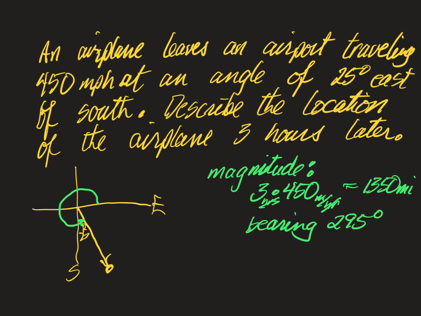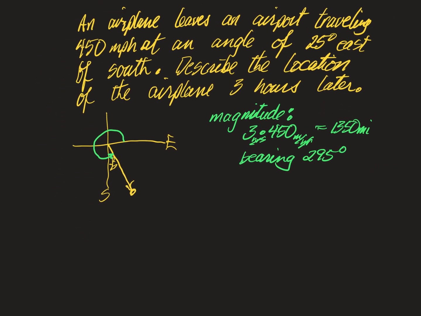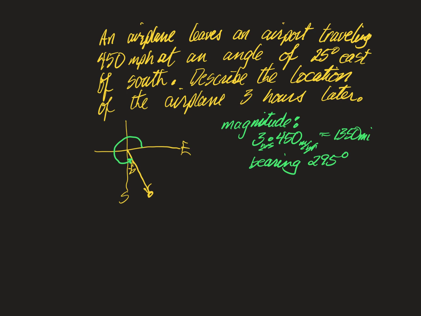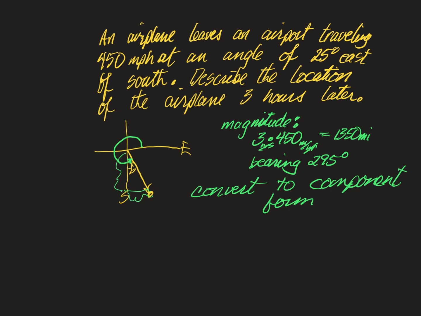Now what we want to do at this point is we want to then convert this to component form. To describe the location of the vector in terms of 2 points or how far it is from where it started. So we know how far it is in the bearing, and now we're going to describe it in terms of y and x values, okay? And so we want to figure those out.